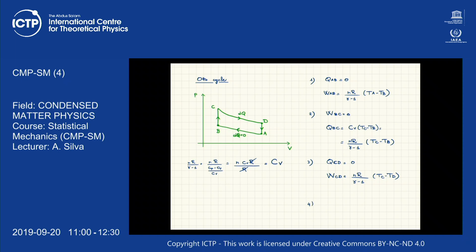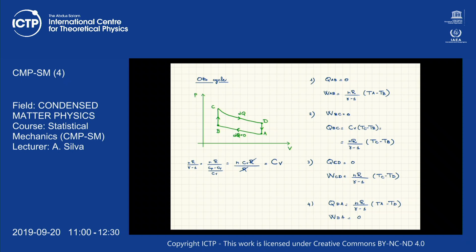And then 4, QDA is equal to N times R divided by gamma minus 1 (TA minus TD). WDA is equal to 0. Okay, notice that QDA is going to be negative, and that's because the temperature at A is smaller than the temperature in D, right? Because you are cooling.